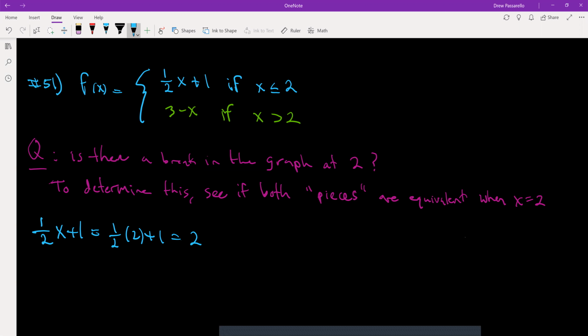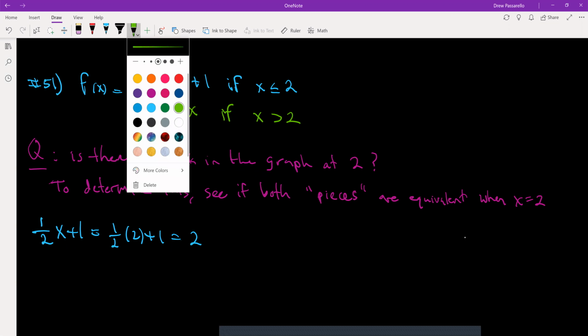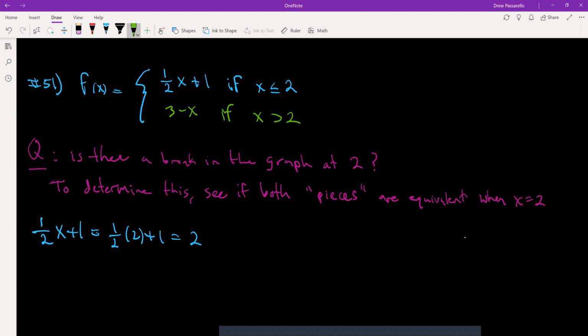The second piece, I know it says greater than 2, but we're going to cheat a little bit just to hypothetically see if it were to connect. We know there's going to be an actual hole at 2, but if they were to connect, then even though there's a hole for the bottom piece, because the top piece has an equal to sign, it'll end up being an enclosed dot.